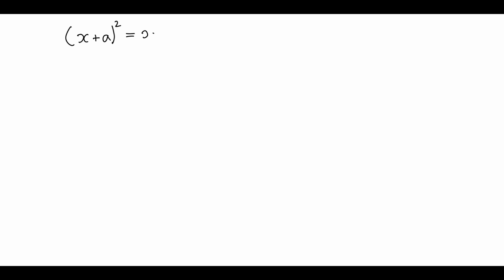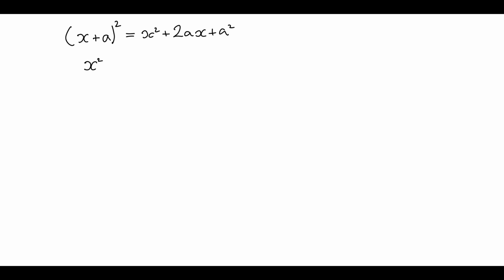So we expand this, we get x squared plus, and we've got x times a is ax, and then a times x, which is ax, so that's going to be plus 2ax plus an a squared. So I'm going to rearrange this, take the a squared to the other side, and then write it the other way round.